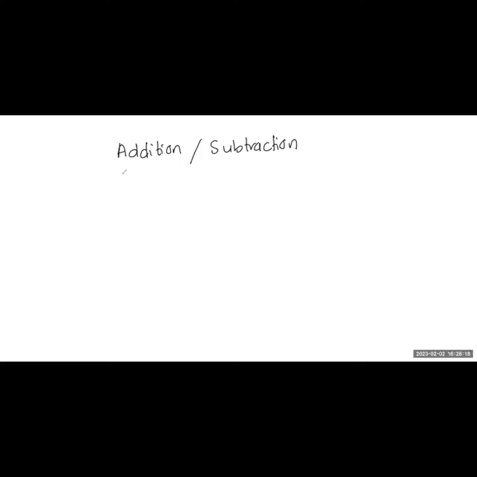We need to get an LCD, lowest common denominator. We cannot add fractions with different denominators. I think this is the first rule we learned about fractions. If we had A over B and we're adding or subtracting C over D, we'll take the denominators and multiply them together. So we'll get BD here and BD here, isn't it?